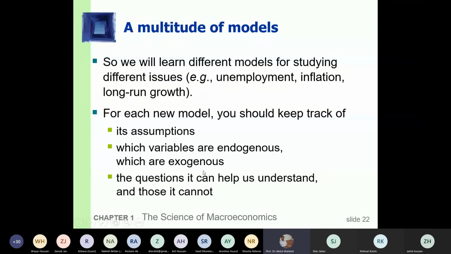But if we are studying a particular car, we cannot say what would be the effect on demand and supply of other cars. So we are specific to our model.